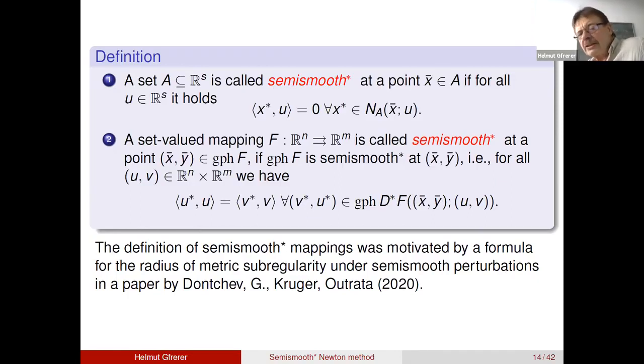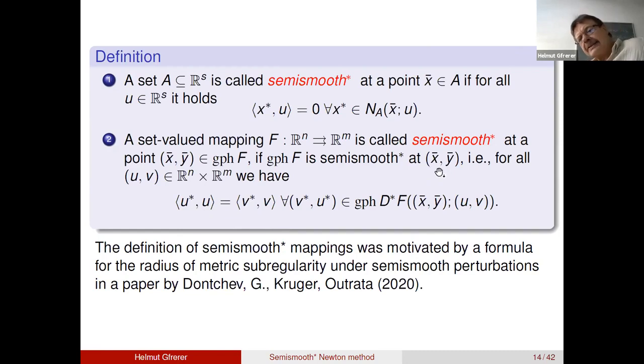And in the formula for this radius of metric subregularity, exactly this condition appeared. At first, I did not know how to use it. Then we had the idea to use it for the definition of this semismooth star property.